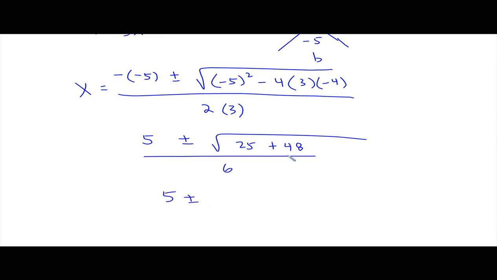If you add this right here, 48 plus 25, we end up with 73. Square root 73 over 6. Alright, can't really simplify square root 73. There's nothing else we can do here. So this would be your final answer right here, right? There's nothing else to do.